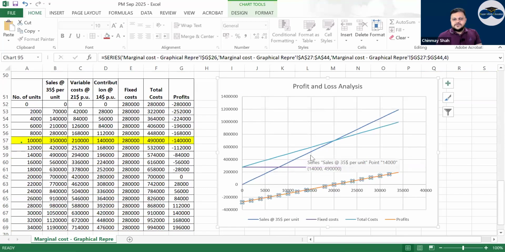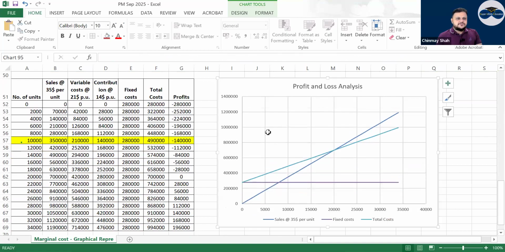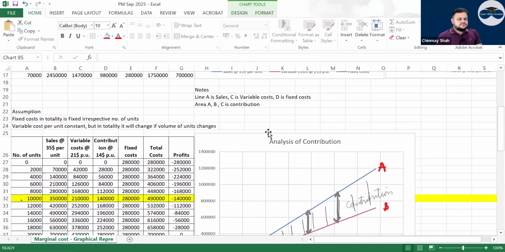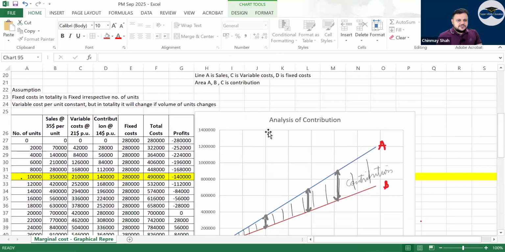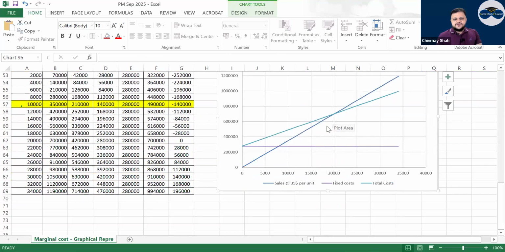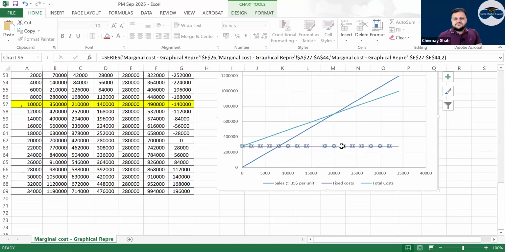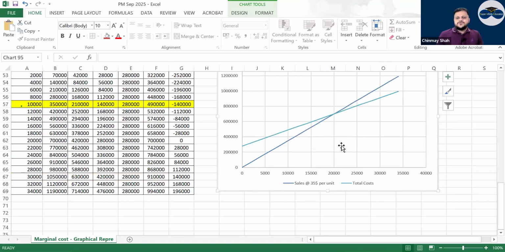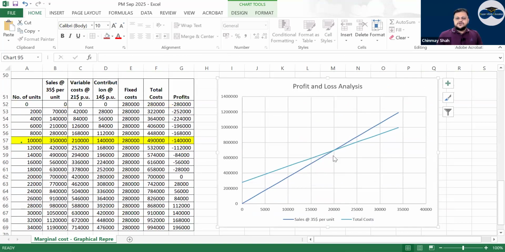This is profit, I also want to delete. What is this line? Tell me. Now are there only two lines? Fixed cost, delete it. You have only two lines, sales and total costs.